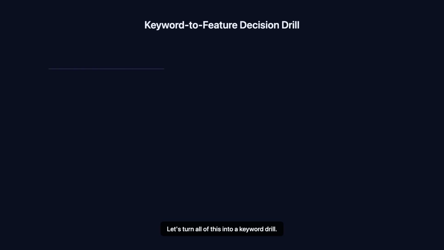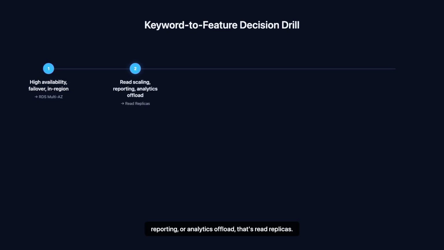Let's turn all of this into a keyword drill. When you read high availability, failover, or in-region resilience, reach for RDS Multi-AZ. When you read scaling, reporting, or analytics offload, that's read replicas. When you see cross-region disaster recovery or sub-second replication, it's Aurora Global Database.